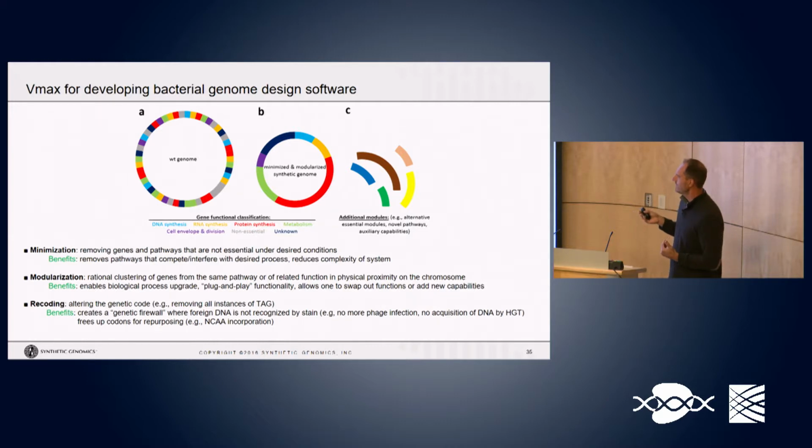With modularization, this allows you to upgrade a complete biological process all at once instead of doing edits here and there all around the genome. So it can really accelerate the genome engineering efforts. And to recode the genome would give you a genetic firewall against phage infection and from horizontal gene transfer.